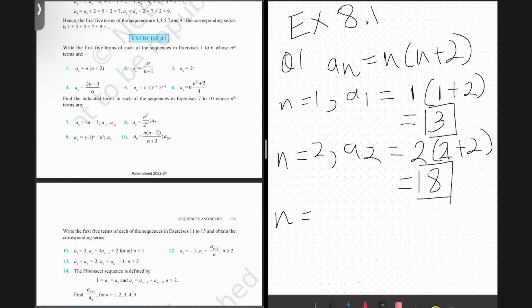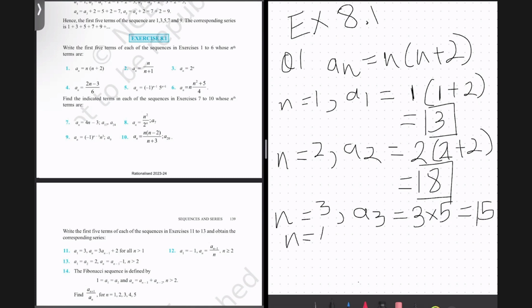For n equal to 3, a3 would be, plug in the value of 3 in this equation, and that is how you arrive at the third term. That will be 3 into 3 plus 2, that is nothing but 5, and that is 15, correct?